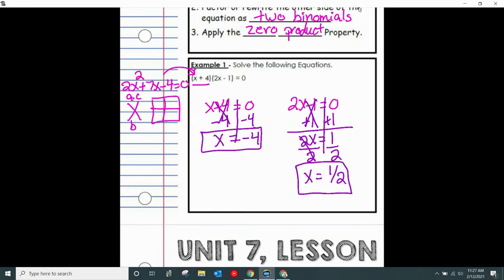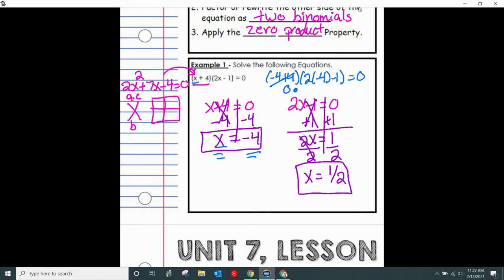So what that means is if I go back up here and I take -4 and I plug it in for x up here, then I would have -4 in this piece instead of x plus 4, times 2 times -4 minus 1, and that whole thing is going to equal 0. Is it a solution? Well, let's see. Oh, wait, -4 plus 4, yes, that equals 0.